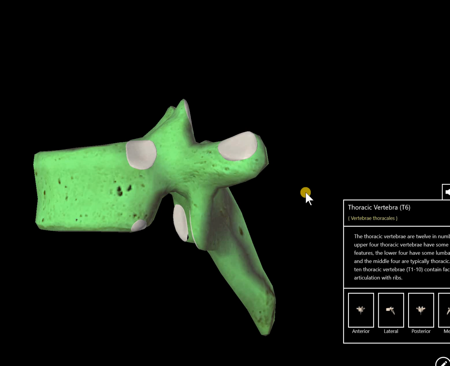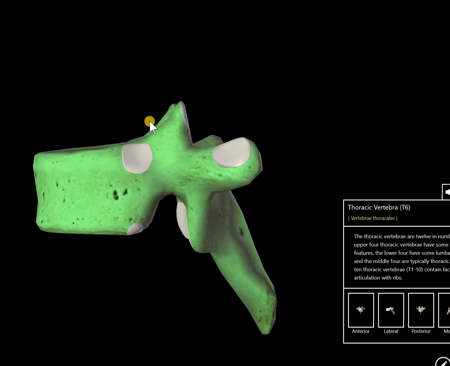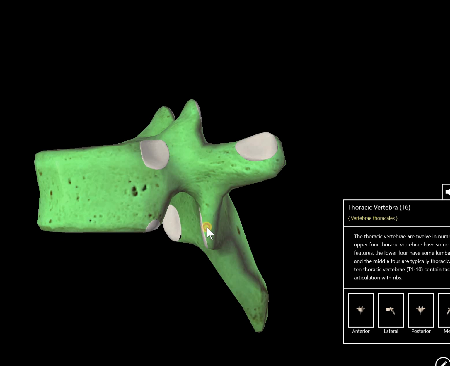Orienting yourself is very important because you're going to have to name the superior articulating process and inferior, so that's why you want to orient yourself. There it is there. The superior articulating process is right there, and the inferior articulating process is right there. Superior articulating process, inferior articulating process.